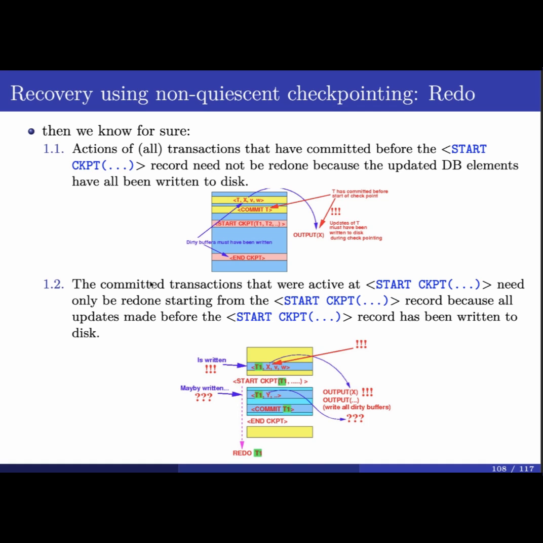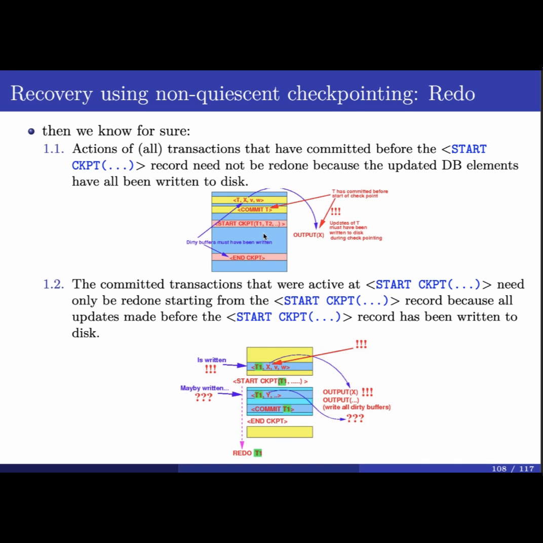In this case, it looks like I'm repeating myself. That means all the actions committed before the start checkpoint record need not be redone, which makes sense, because for all the committed transactions before the start checkpoint, do you need to redo them? If you found the end checkpoint, no, because the end checkpoint is logged in the log entry only after I make sure all the changes done by the committed transactions have been written to the disk.